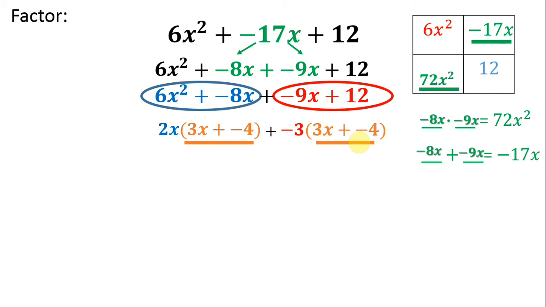Here I have the same expression. I can cross one of those out. And what are my two binomials going to be? One of them will be 2x plus negative 3. The other one will be 3x plus negative 4.